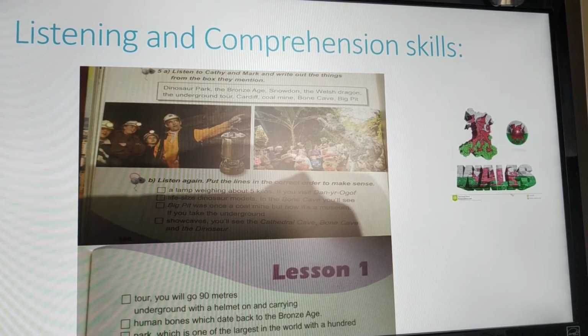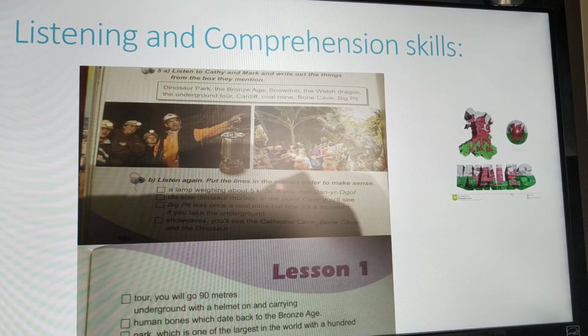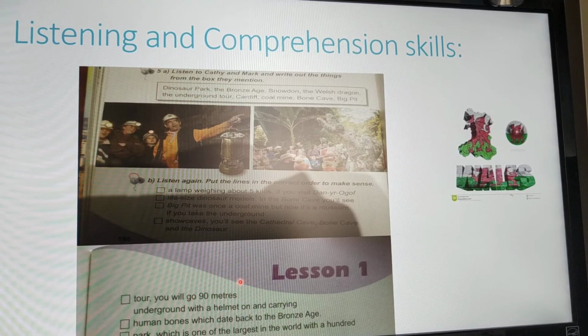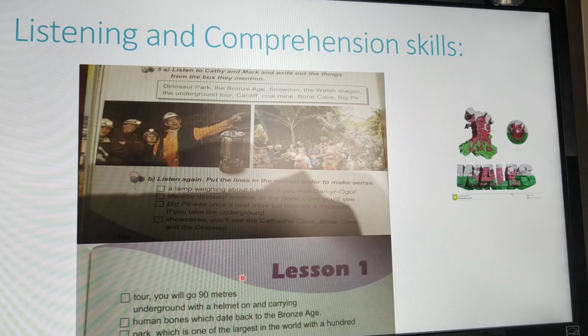And to listen one more time, put the lines in correct order to make sentences. This is one task. Be ready. Page 198, Task 5A. Listen to Kathy and Mark.